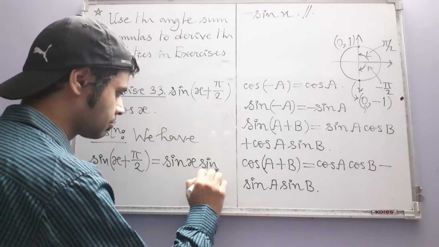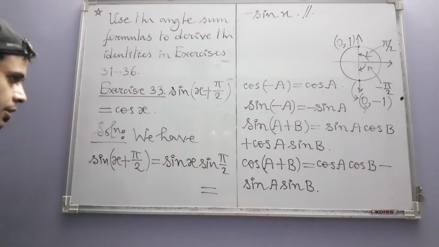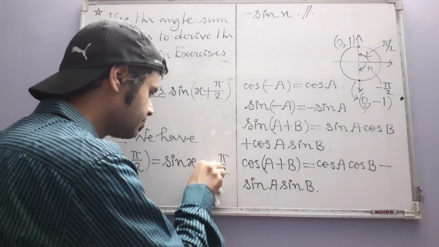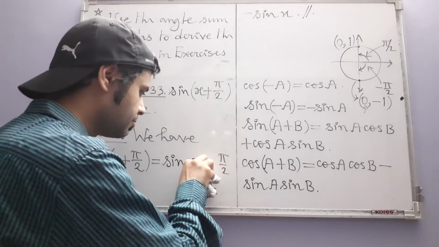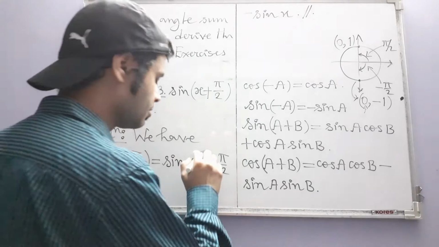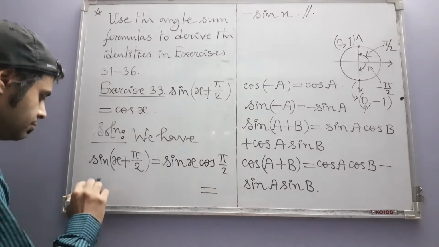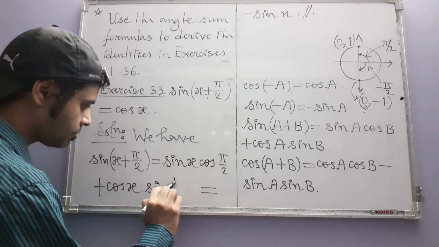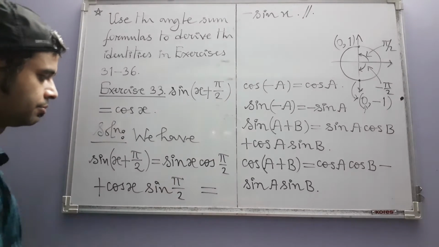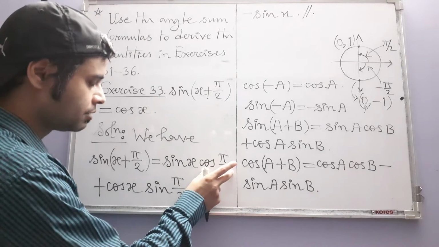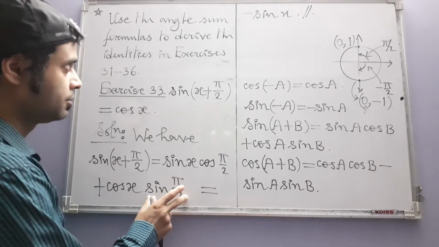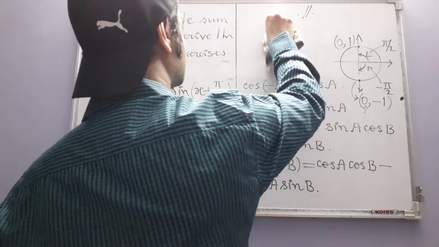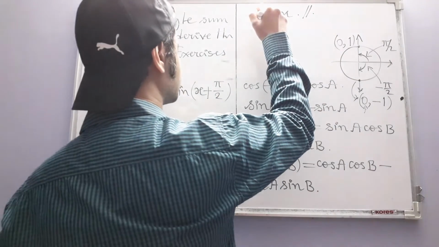Sin x cos pi over 2 plus, see, this is how we make mistakes. Sin x cos pi over 2 plus cos x sin pi over 2. Now this of course is 0, cos pi over 2, sin pi over 2 is 1. So that's why we are now having cos x. So this is equal to cosine of x.